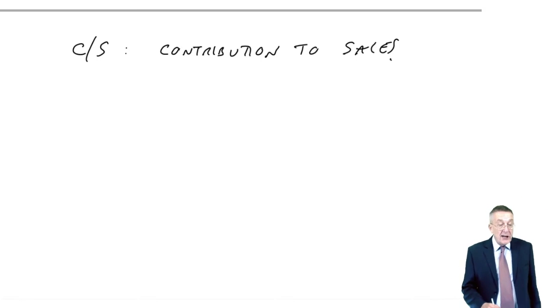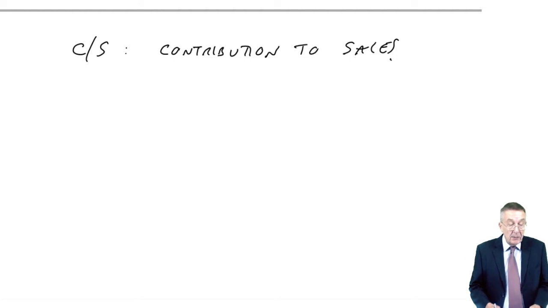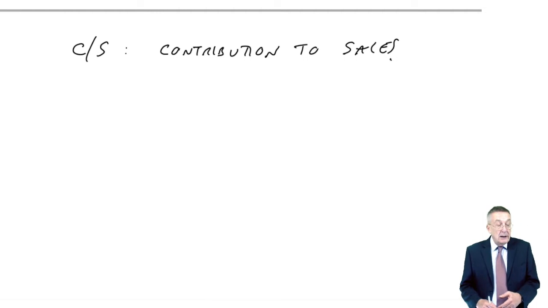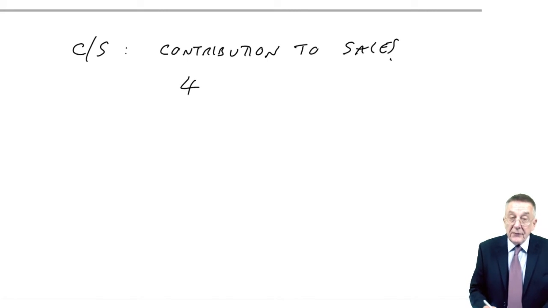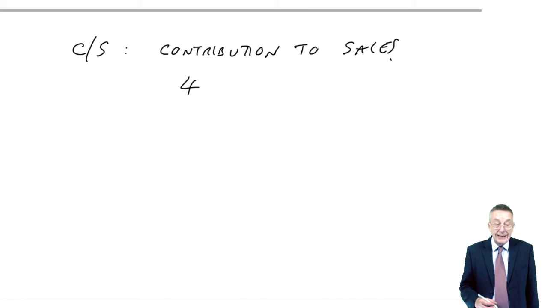And it's simply the ratio of the contribution per unit to the sales per unit. What was the contribution per unit in example 1? Remember, we were selling at 6, the costs were 2, the contribution was $4 a unit.